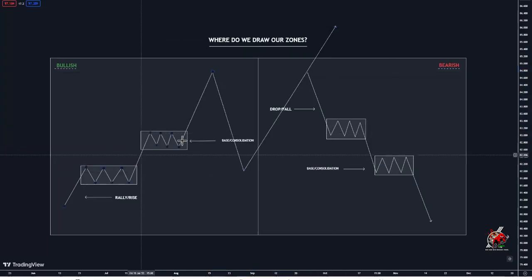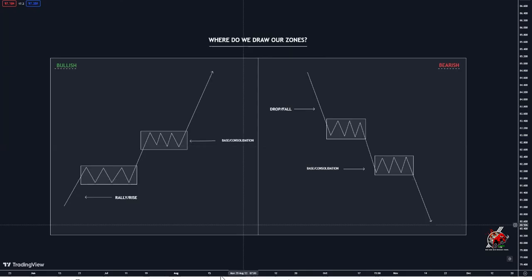And then this consolidation right here will simply be resting liquidity there. It will be just inducement, which is liquidity resting there. If you went through the golden zones, you will understand this, right? So in a bearish manner, it's still the same thing.